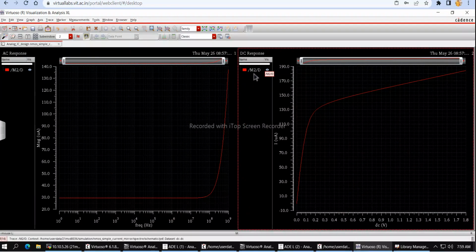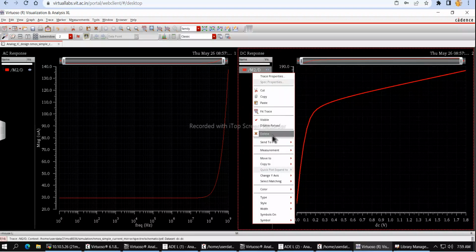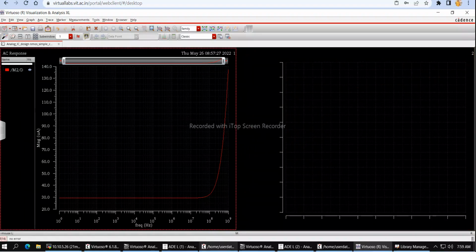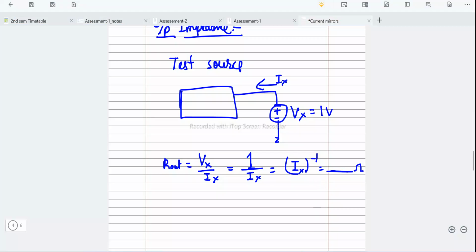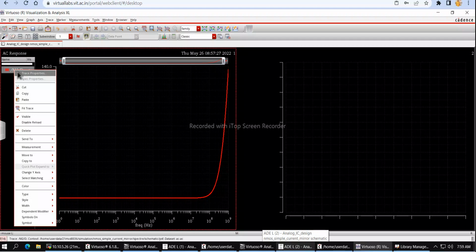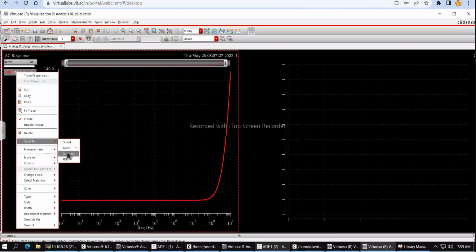We are not interested in this DC analysis graph. We are interested in the current. Actually, in order to obtain the output impedance, we need the reciprocal of that current. So we shall reciprocate that waveform by sending it to a calculator.